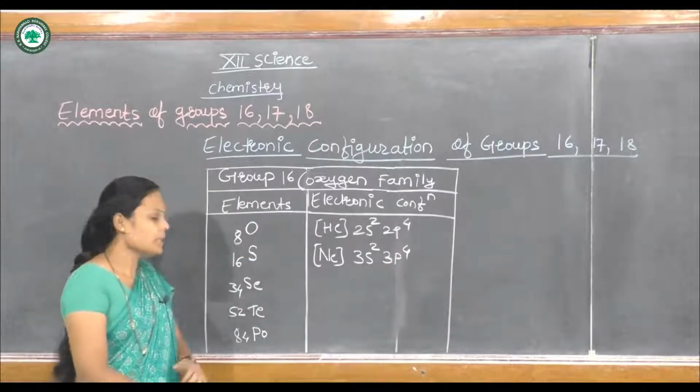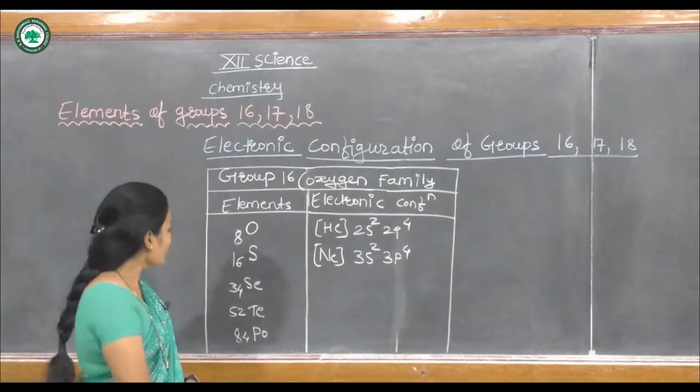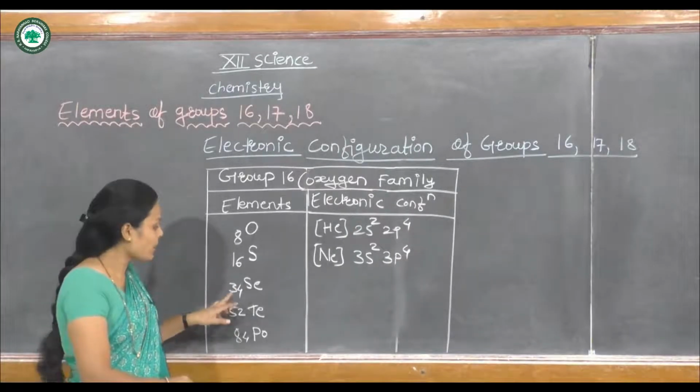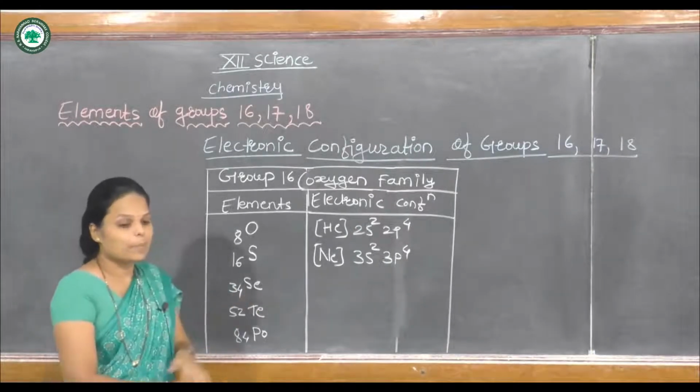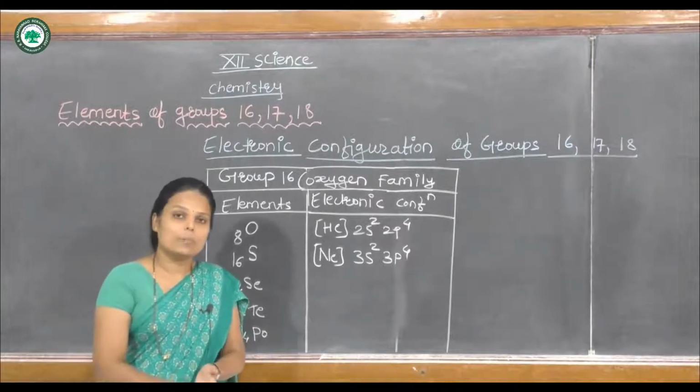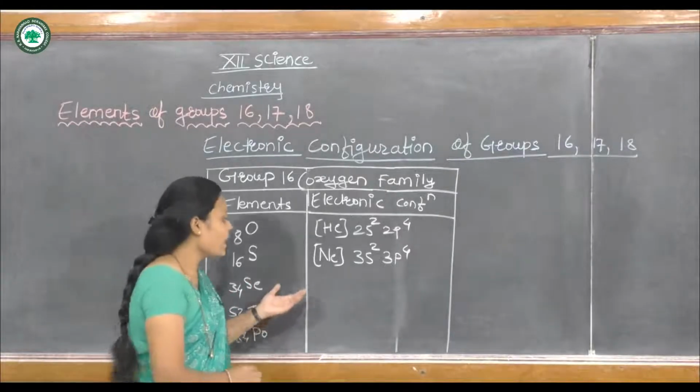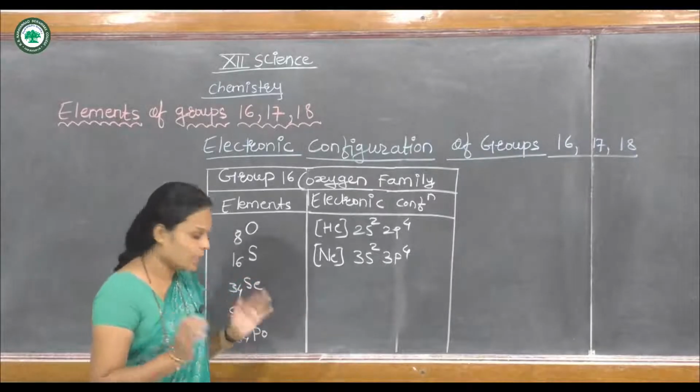Now the next element is selenium. Its atomic number is 34 and it is represented by argon. Why argon? Because its atomic number is 18.